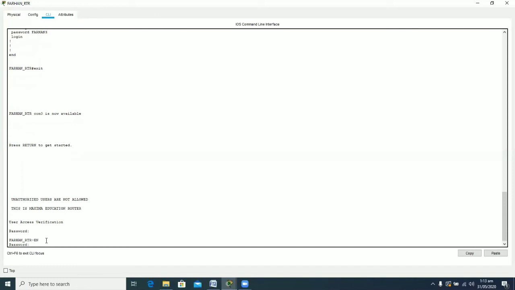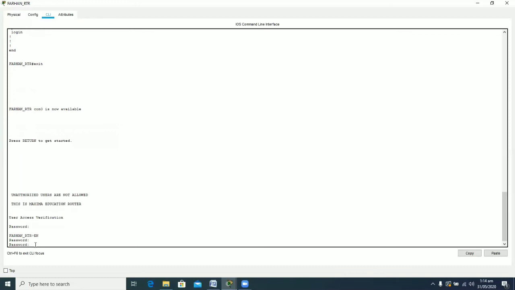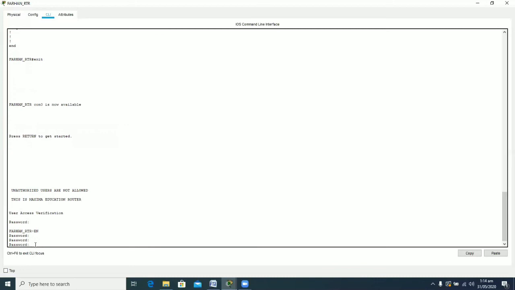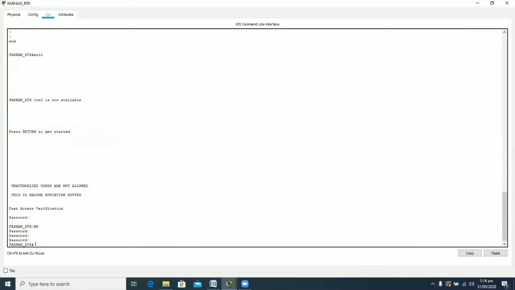show this thing to you, that I have now typed en basically means enable. I want to enter into the enable mode, and there it is asking me the password. So I am first writing maxima 1, and because maxima 1 was enable password but unencrypted, so it didn't allow me to enter.